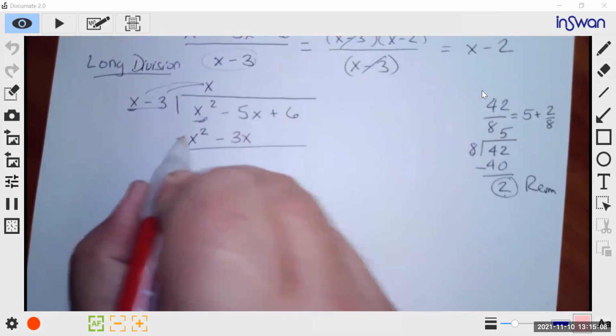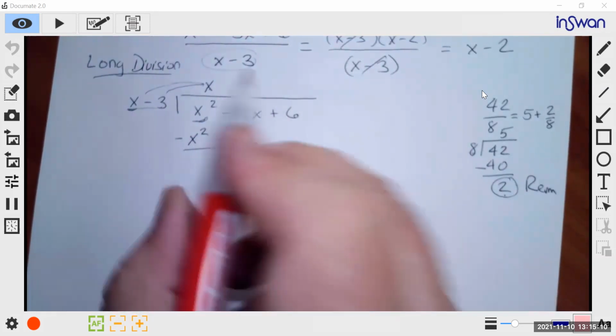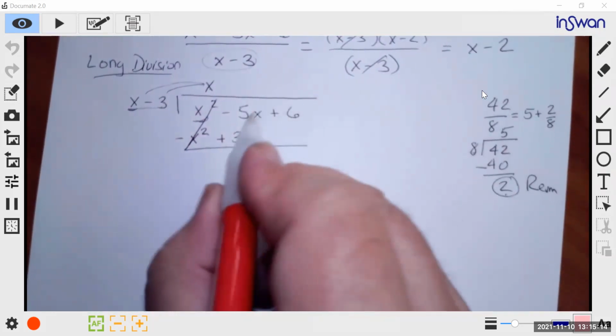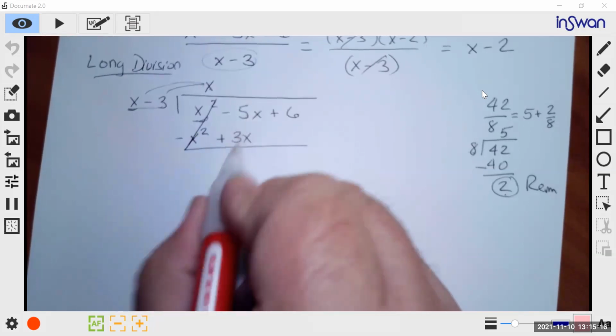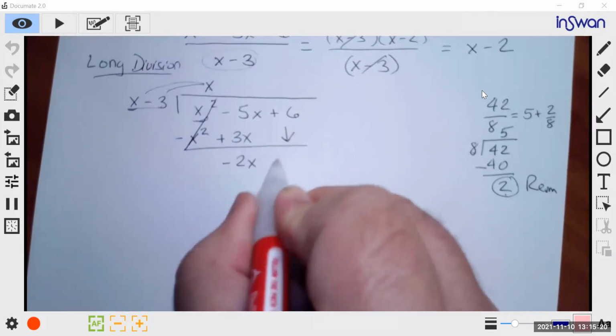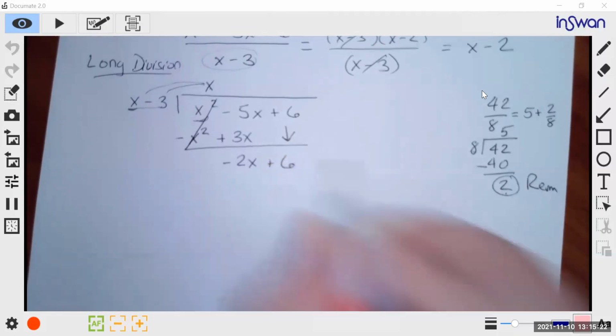Change their signs. Notice I'm subtracting. And add. The first term should always disappear. Negative 5 plus 3 is negative 2x. And bring everything else down.